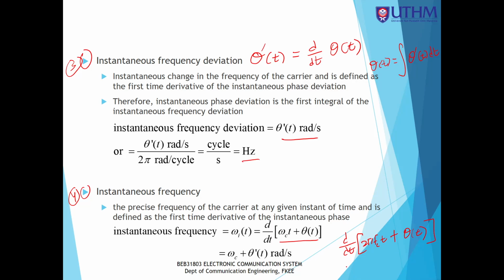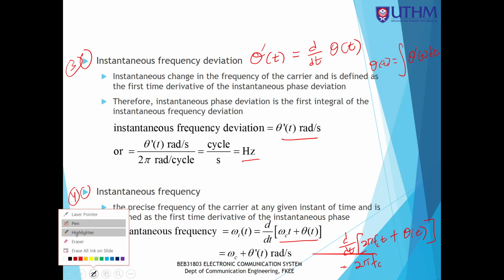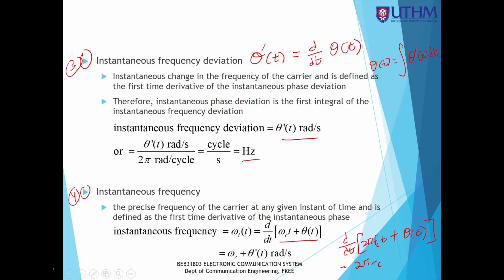So it becomes 2 pi Fc plus theta prime t. The unit is radian per second or hertz.